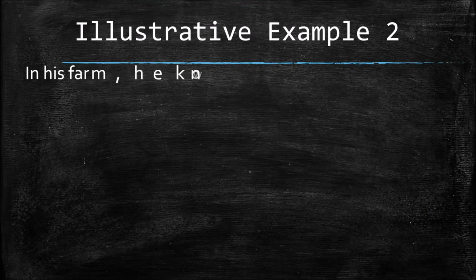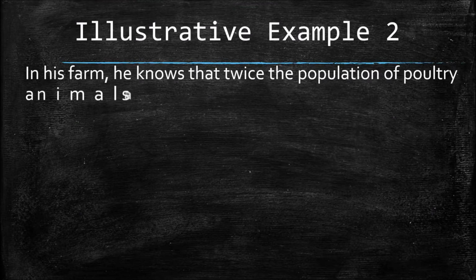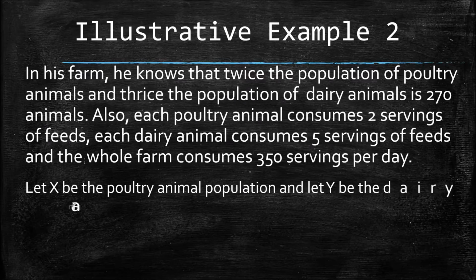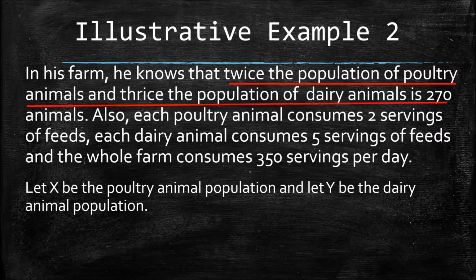The important statements are found in the problem. So let's assign variables for the unknowns. Let x be the population of poultry animals, y the population of the dairy animals. The first statement to be translated is twice the population of poultry animals and thrice the population of dairy animals is 270 animals.